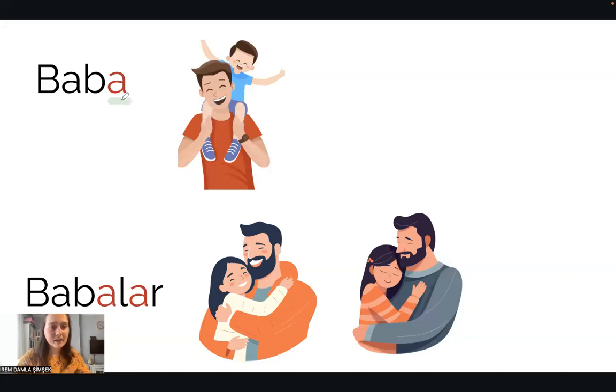But if you want to say more than one father, for example, there is a meeting, there are many fathers in this meeting. How do you say it? Babalar. Okay, repeat with me. Baba, babalar. Very nice. So what did we do? Baba, father, babalar, fathers.